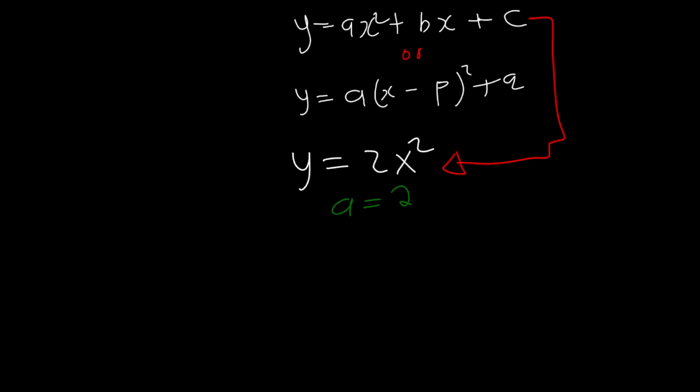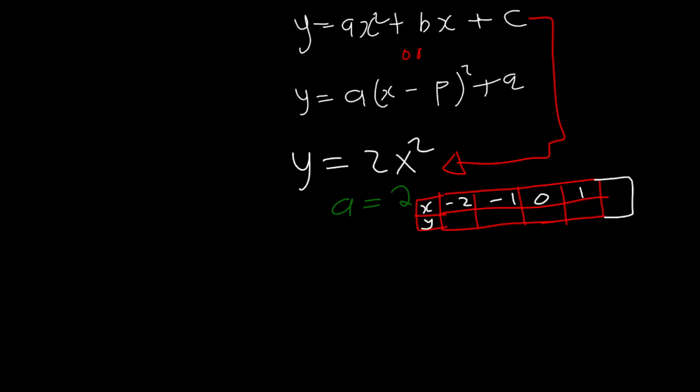Now if we are to draw this graph, we're going to consider a table of x and y values: x is -2, -1, 0, 1, and 2.